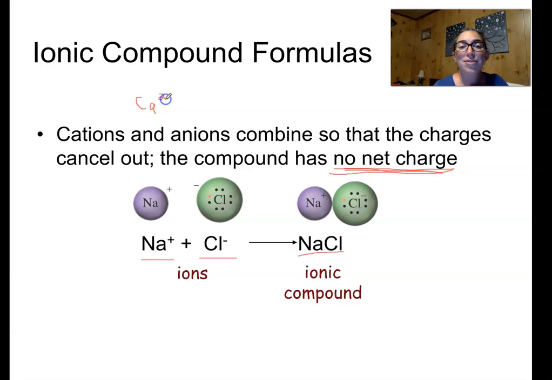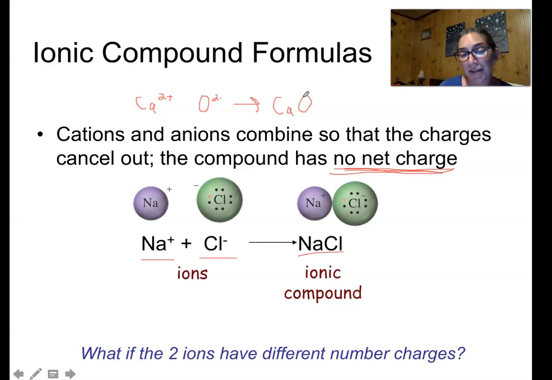We look on a periodic table, so it has a 2+ charge. And let's say oxygen, which has a 2- charge. All right, those are equal but opposite charges. They cancel each other out. So they would form CaO. All right, so those are pretty straightforward.